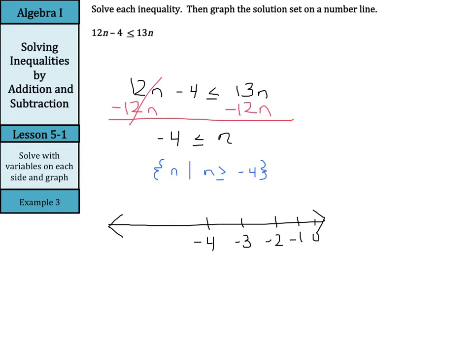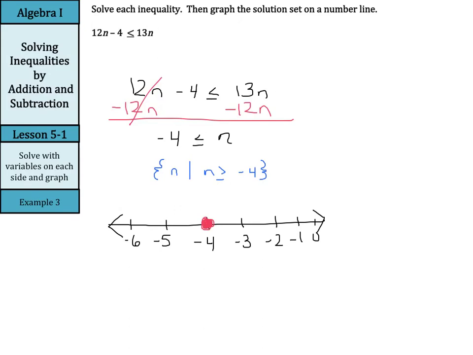That's more than you actually need. But then negative 5 and negative 6. And we're going to put a circle on the negative 4. However, we have this line underneath, or equal to. So we're actually going to shade in the circle at negative 4.